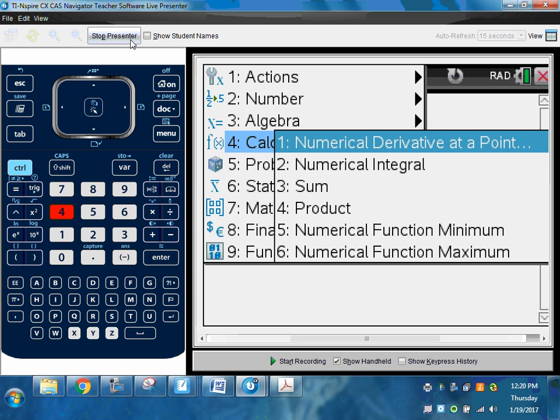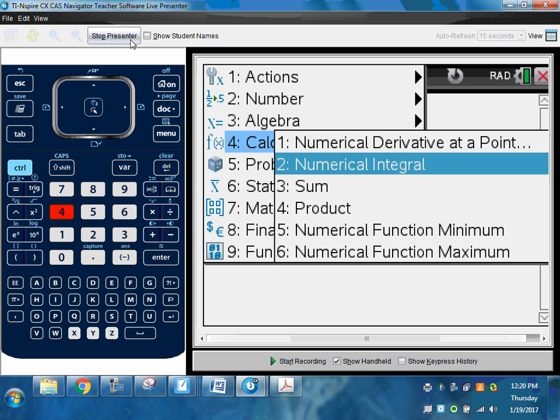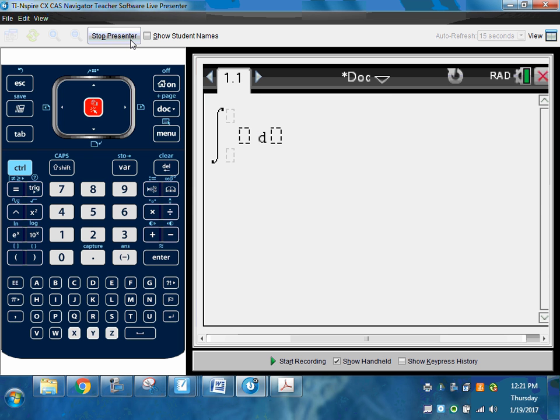Numerical integral, so select that. And the rest is fill in the blank. So do it. We'll start at the first one, then go to the second and the third. Hit enter.